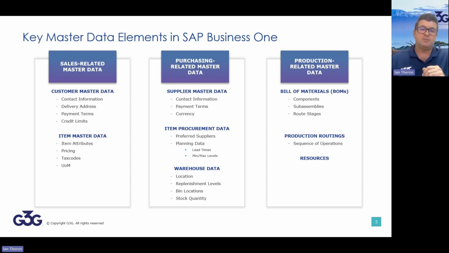Then, if we look at our production-related master data, which is the last one here, there is a bill of material. And a bill of material is a list of components and sub-assemblies needed for a finished product. This also ties back directly to your item master data, because without correct item master data, we can't create a bill of material in the system.